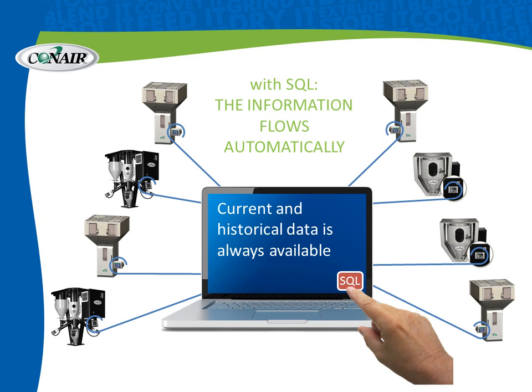So whether we want it or not, once SQL is installed, information is flowing from each of those resources into the SQL program for our use, for our manipulation, for our inclusion in other reports, and so forth. So current and historical data is always available for our use, and this is kind of the magic of SQL.